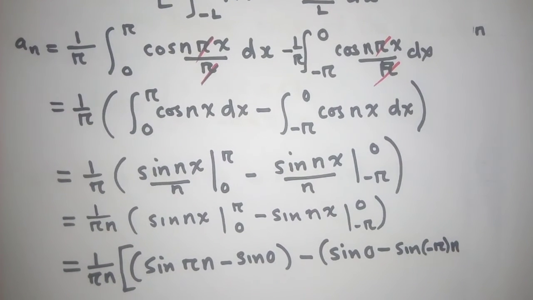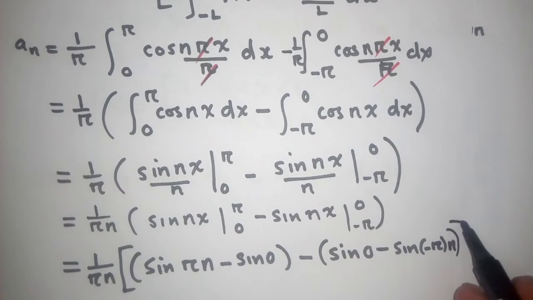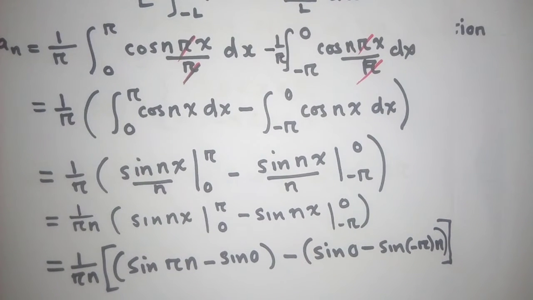So this is what we have now. Remember, sine is an odd function, so this negative and negative will be positive.